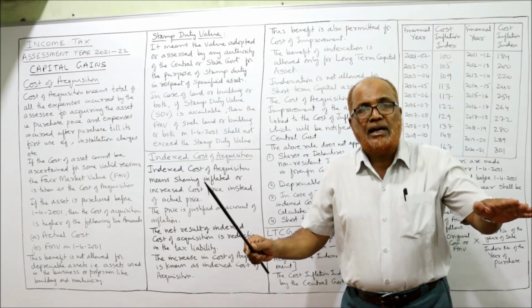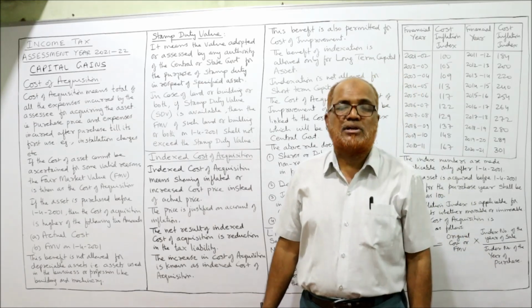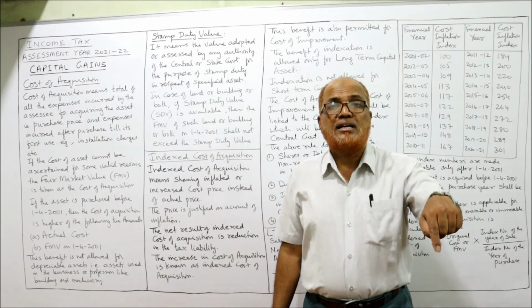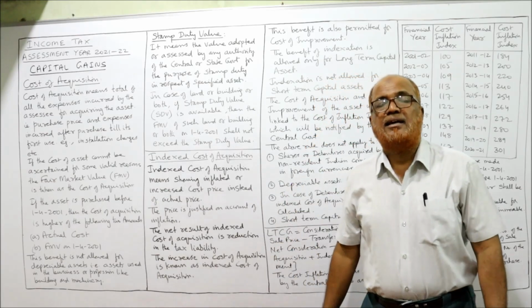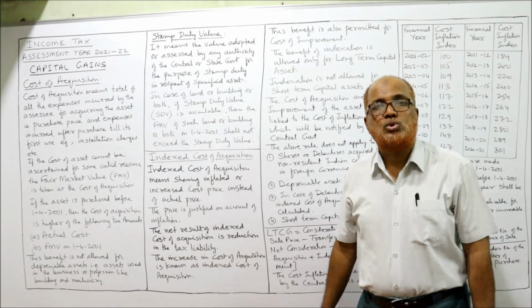Without indexing, the assessee gets 19 lakh rupees capital gain. With indexing, the assessee gets a capital gain of only 10 lakh. So his tax liability will get reduced.